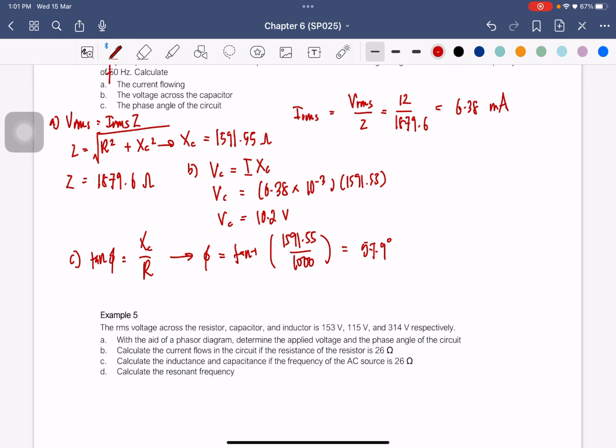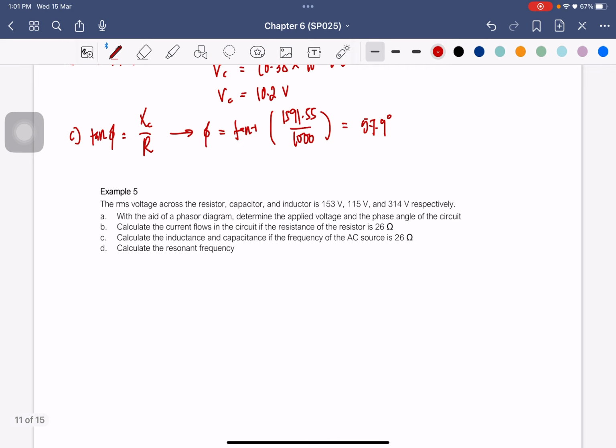So example 5, this is an RCL circuit lah, sebab dia bagi kita this is VR, this is VC, this is VL. Okay, so with the aid of a phasor diagram, determine the applied voltage and the phase angle of the circuit. So sekarang ni untuk kita draw this, we have to see whether the inductor is greater than the capacitor ataupun tidak.